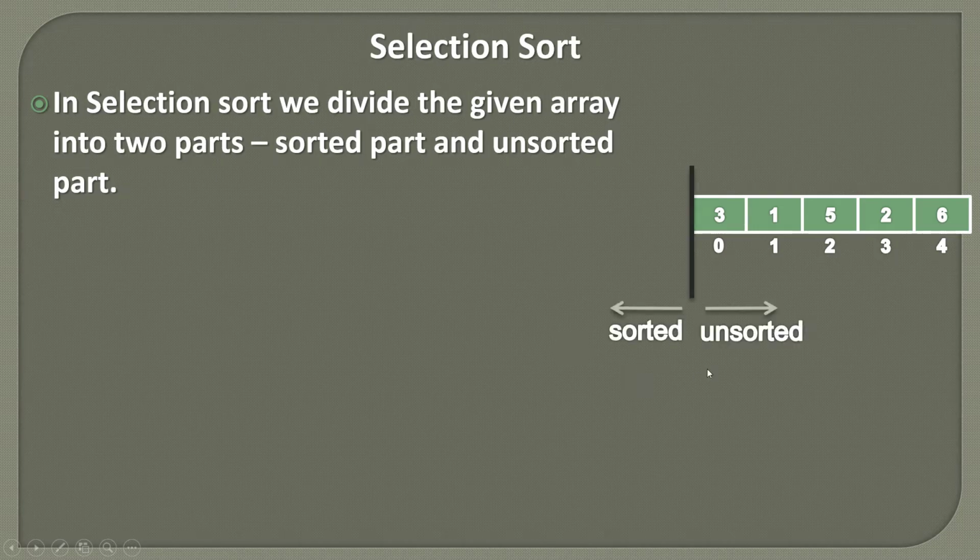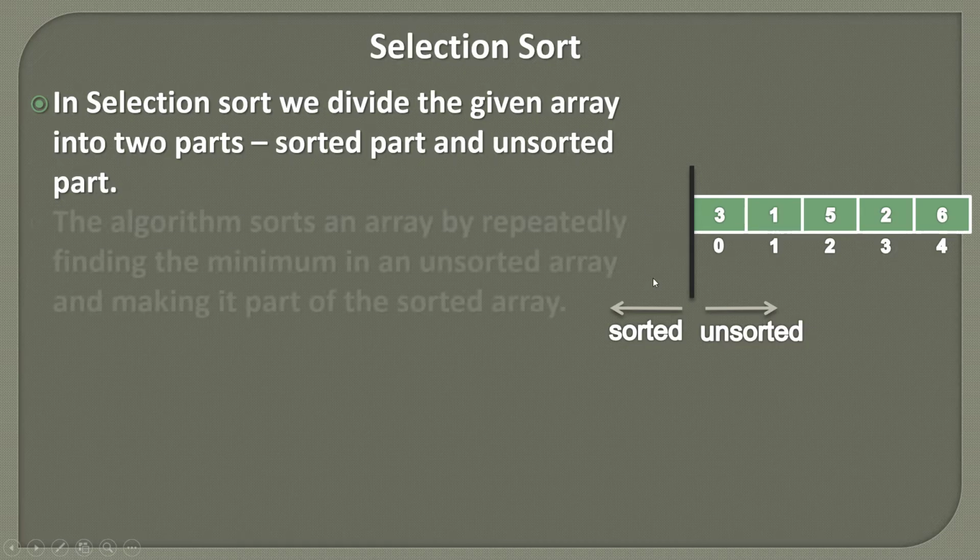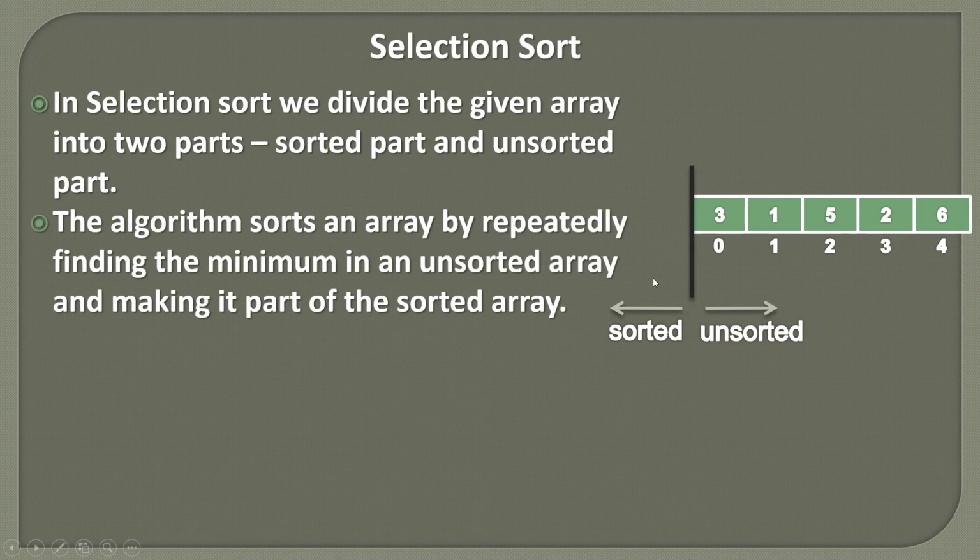So our sorted part and unsorted part look like this: all the elements currently are unsorted and there are no elements in the sorted part. Now what we do inside this algorithm is, let's say we are given this boundary.